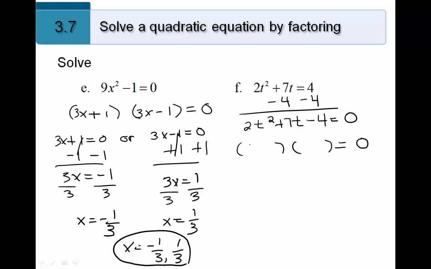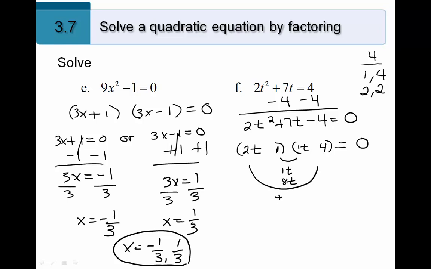Factors of 2: 1 and 2, so I have 2t times 1t. My factors of 4 to choose from are 1 and 4, or 2 and 2. Okay, and 2 and 2 aren't going to work, so it's going to have to be 1 and 4. So I believe my 4 will have to go here, my 1 will have to go here, my signs will need to be different. 1 times 1t is 1t. 2t times 4 is 8t.